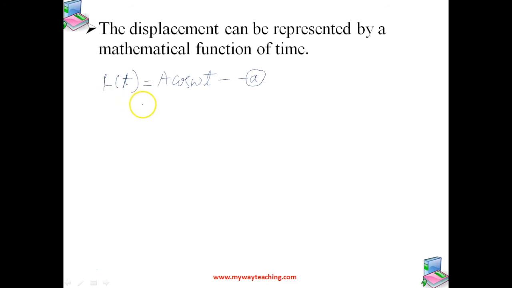See, the function f of t is then periodic, and the period is given by T is equal to 2 pi by omega.